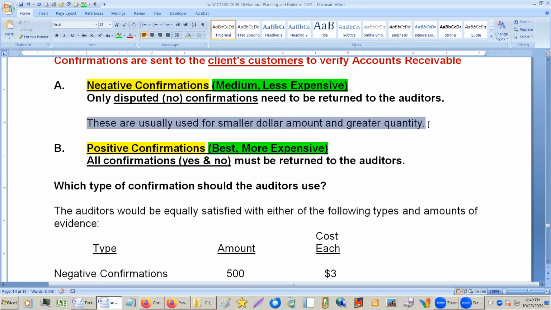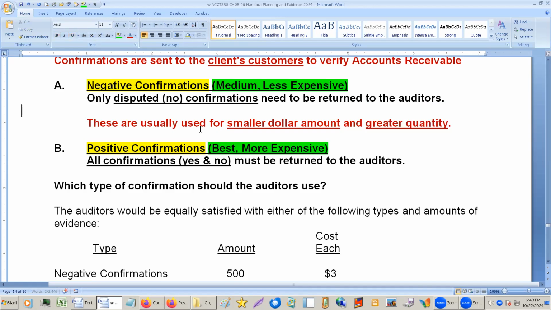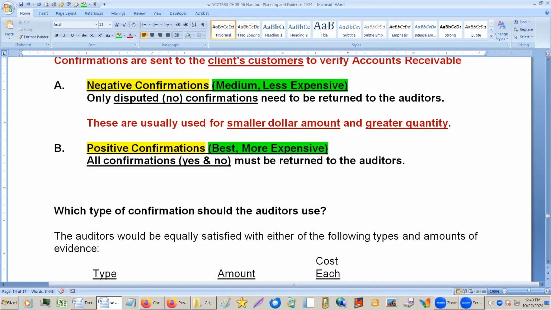These are usually used for smaller dollar amounts with greater quantity, a lot more of them. With smaller dollar amounts, even if some of them aren't returned, they're probably not material. Positive confirmations, the more expensive ones, are usually used for higher dollar amounts and fewer quantity.